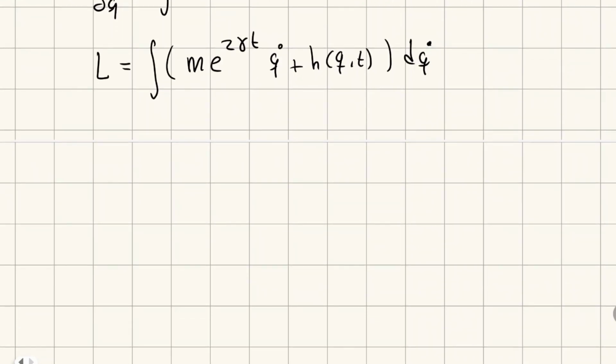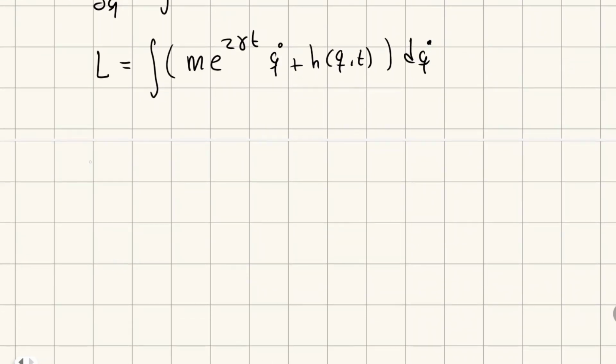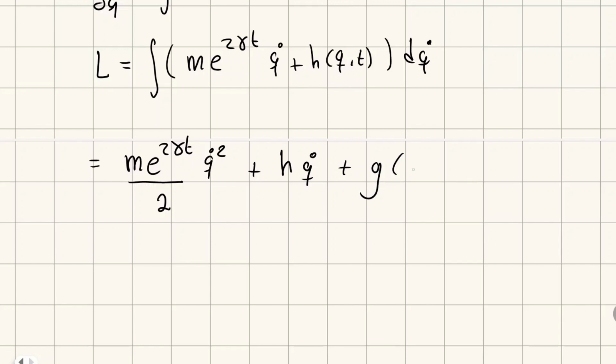So if we solve this integral, we will get that this is m e to the 2 gamma t q dot squared over 2 plus h q dot plus g of q comma t, again as a constant of integration. So this will be the Lagrangian that we need.